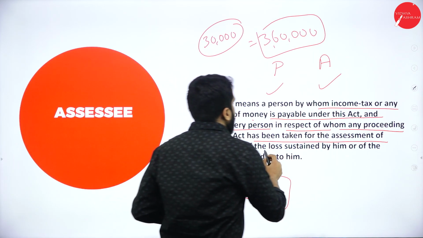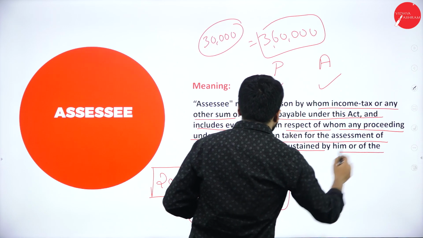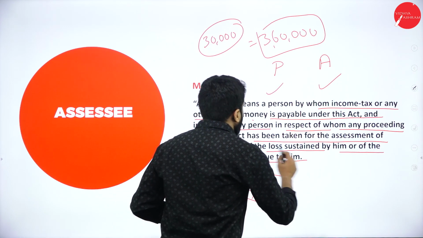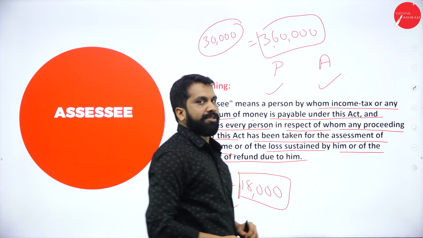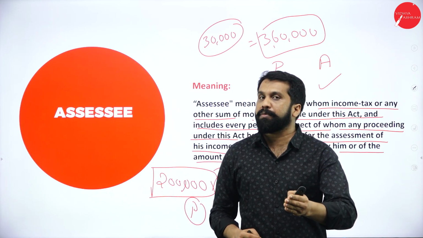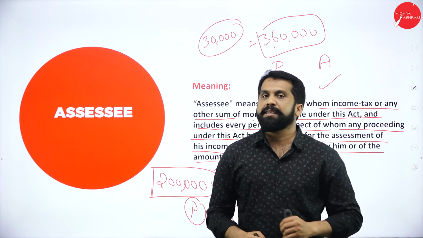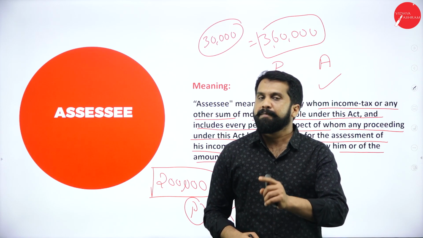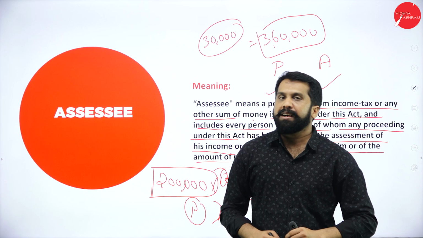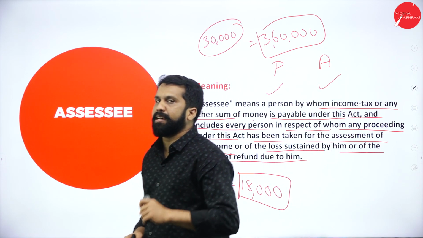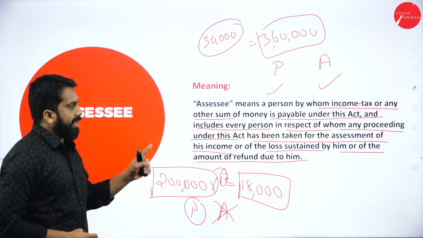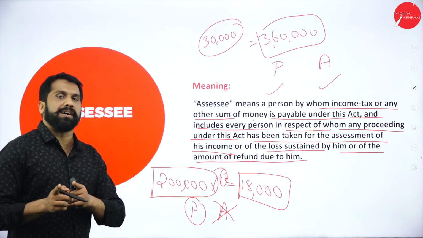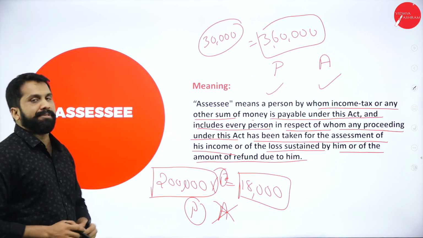Now, also of the loss sustained by him or of the amount of the refund due to him. For example, he already paid excess tax to the government. Government itself will repay, that is nothing but a refund. In that case also he will become an assessee. Clear? The person who is eligible to pay tax is called an assessee. Hope you are clear with person as well as assessee.